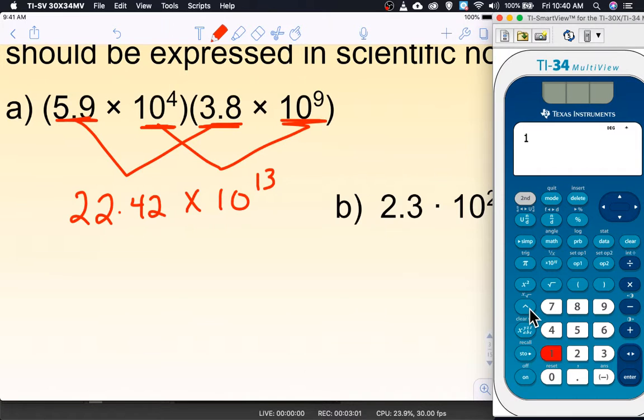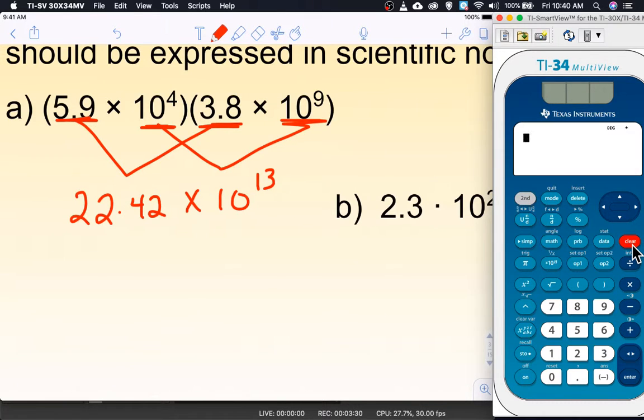So 10 to the 4th power times 10 to the 9th power is just 10 to the 13th power.